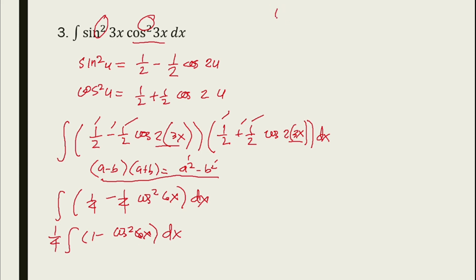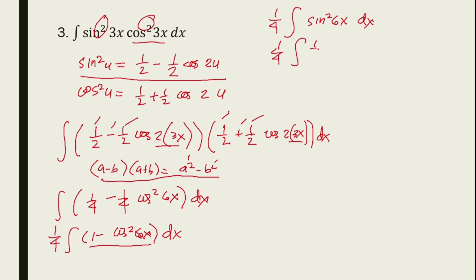We have to transform 1 minus cosine squared is equal to sine squared 6x dx. After that, we have to use again this part. So 1/4, the integral of 1/2 minus 1/2 cosine of 2 times 6x dx.